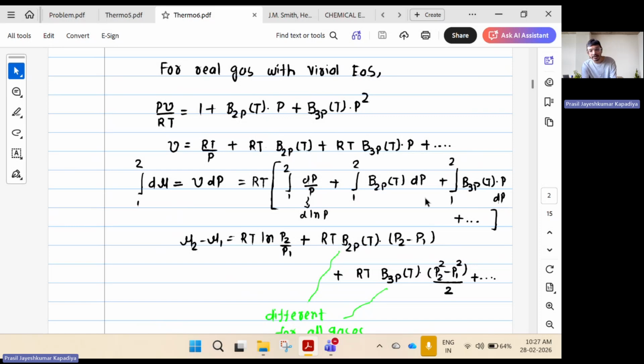Okay, so let's say I am integrating this. So what will it be? RT ln P2 by P1 plus RT B2P of T, and integration of dP will be P, so that will be P2 minus P1, plus RT B3P, P2 square minus P1 square by 2, and so on.